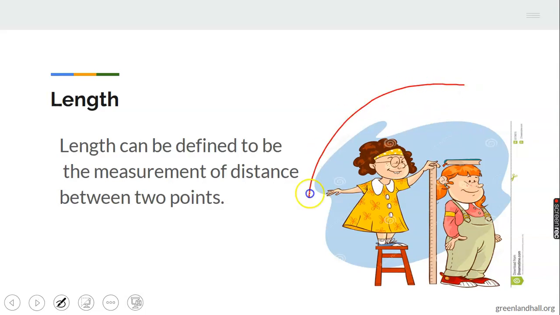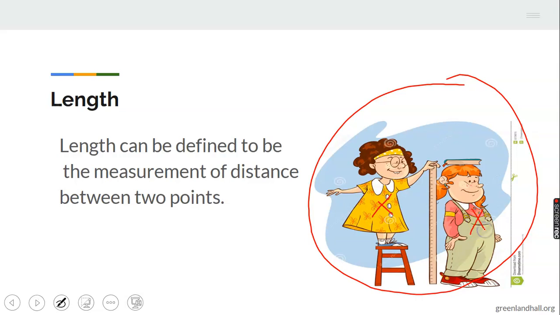If you look at this image very well, look at this lady trying to measure the other lady, but she's using something to measure. That is called a ruler. You can say meter rule. So she's looking for the height.